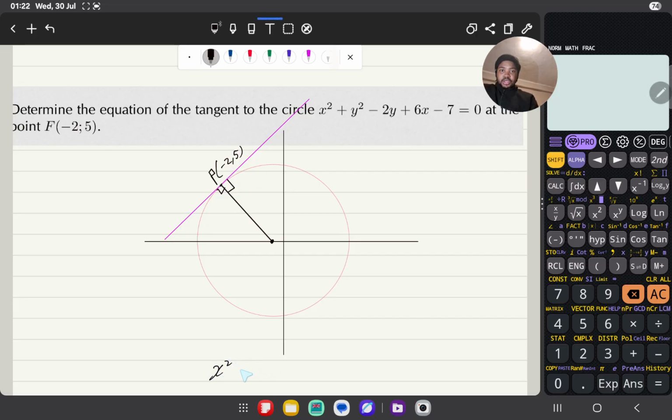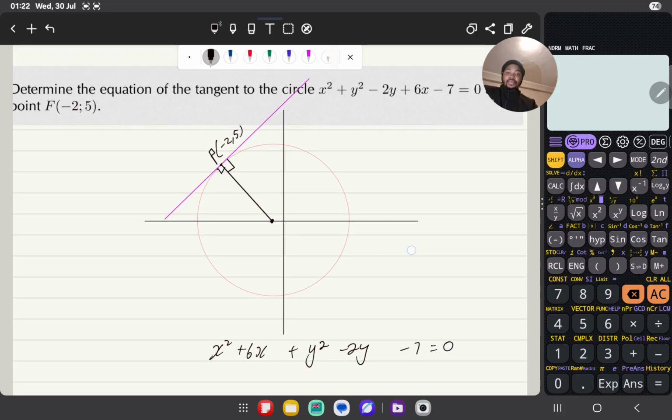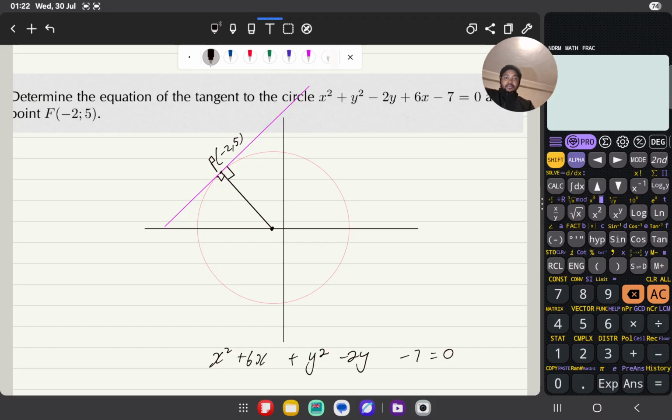You have x squared plus 6x plus y squared minus 2y minus 7 equals 0.